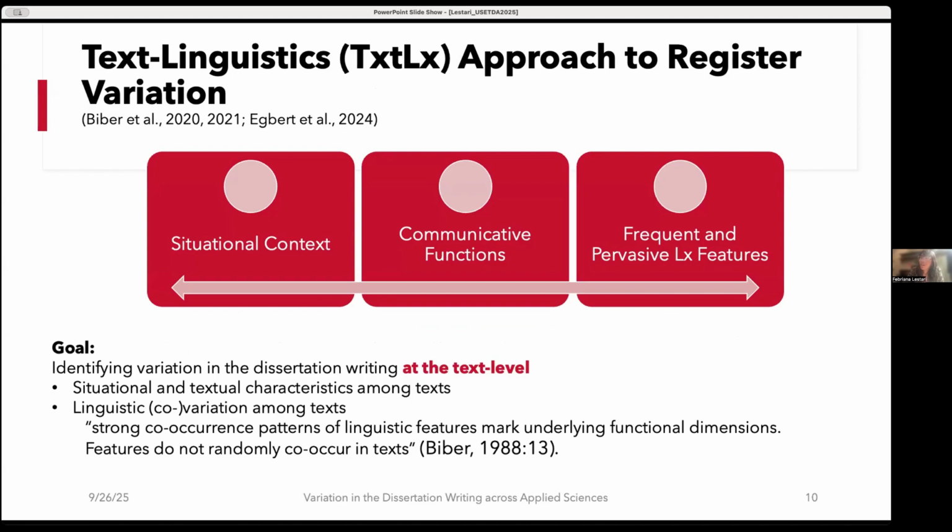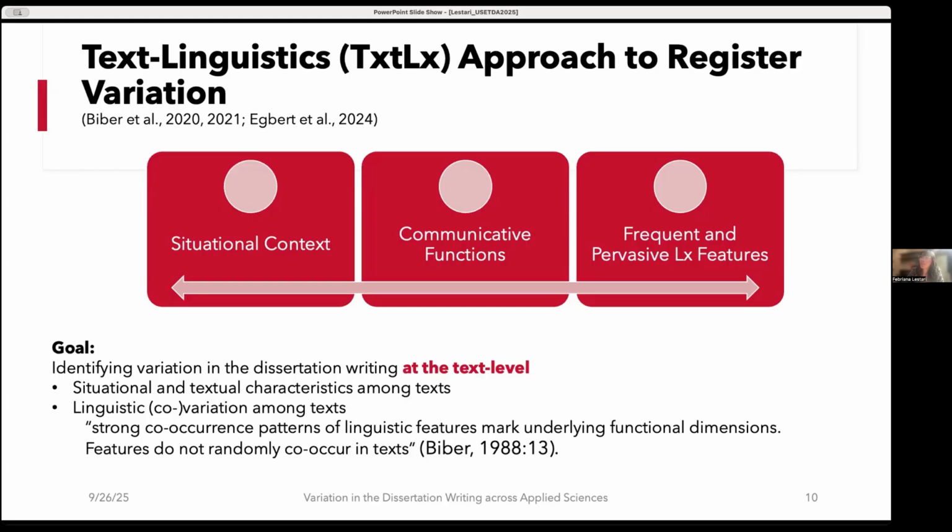Based on that motivation, I am using the text linguistics approach to register variation. The text linguistic approach is rooted in register variation, which has 3 components. This approach looks at the situational context, the frequent and pervasive linguistic features, and how the situational context and the linguistic features go hand in hand to reveal certain communicative functions in the language used in the writing.